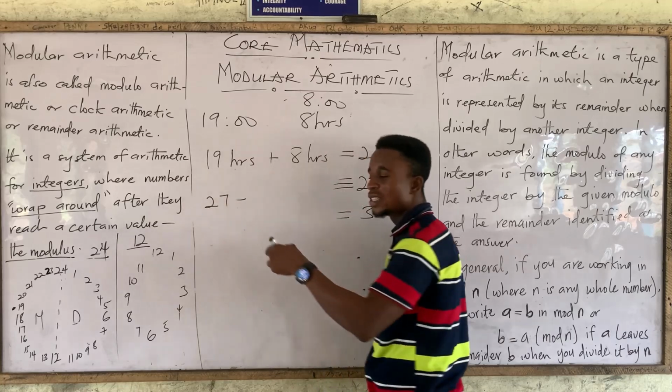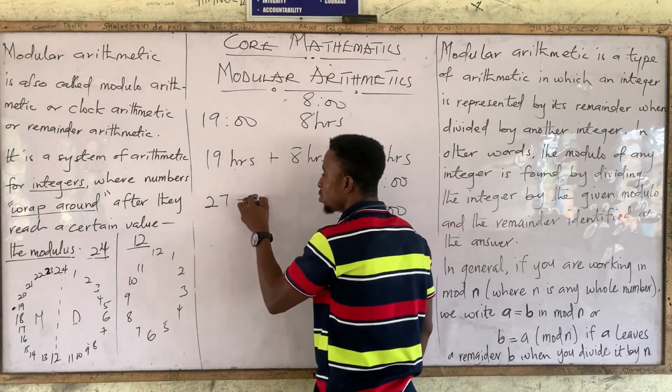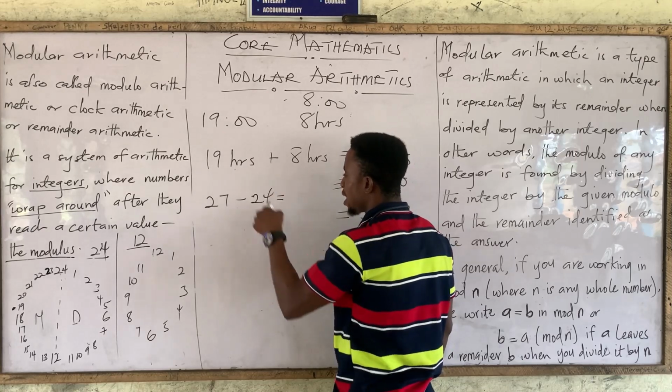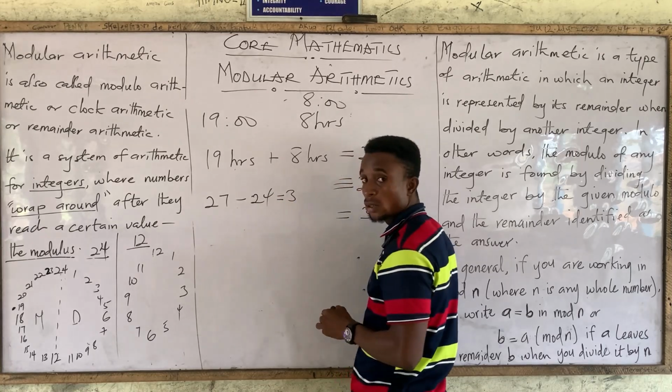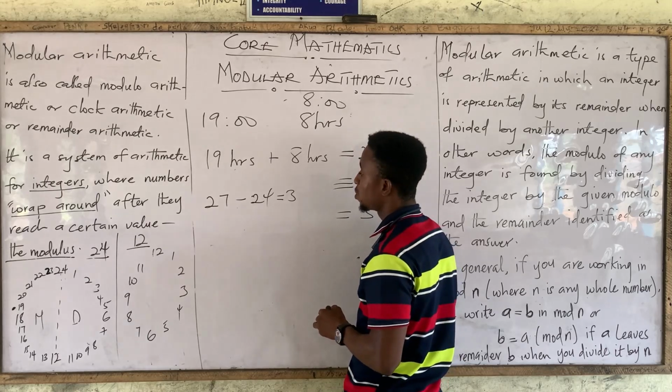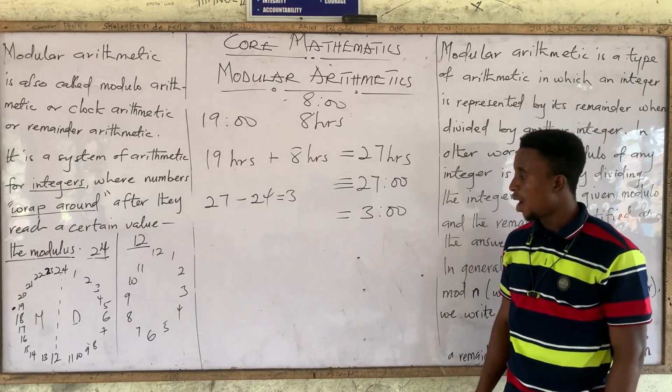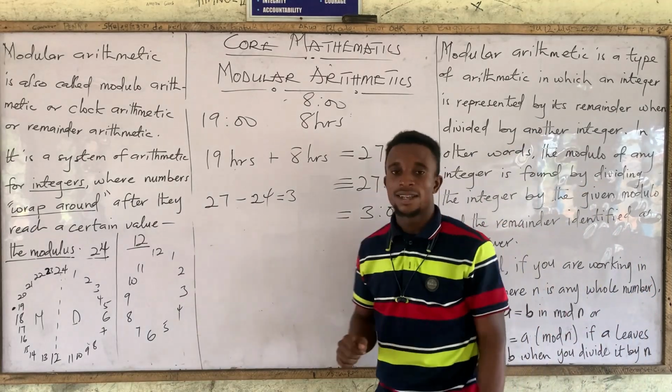Then since we are in the 24-hour clock, we subtracted 24. Then it got us 3. That is the 3 that we had. Are we getting that? Okay, fine.